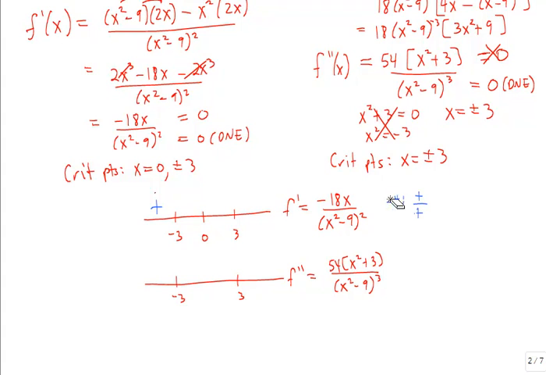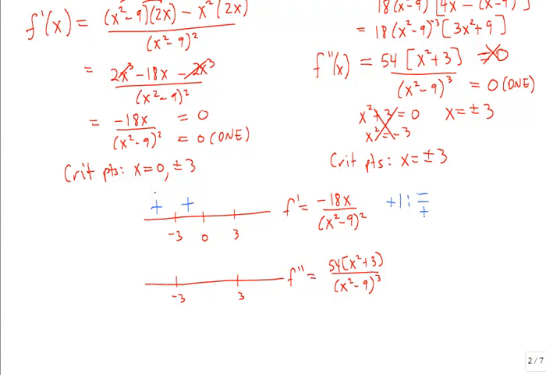Okay, so now let's go to something between 0 and -3. Let's try -1. So -18 times -1 is positive again, and that denominator is still positive. So we have a plus sign again. If I try +1, then -18 times +1 makes this numerator become negative.